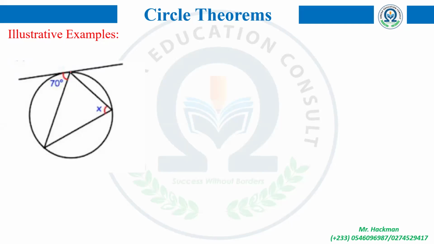So we can apply the alternate segment theorem. This chord is making this angle, the same chord that is making this angle at the circumference. So this angle and this angle should be the same. Therefore, x will be equal to 70 degrees.